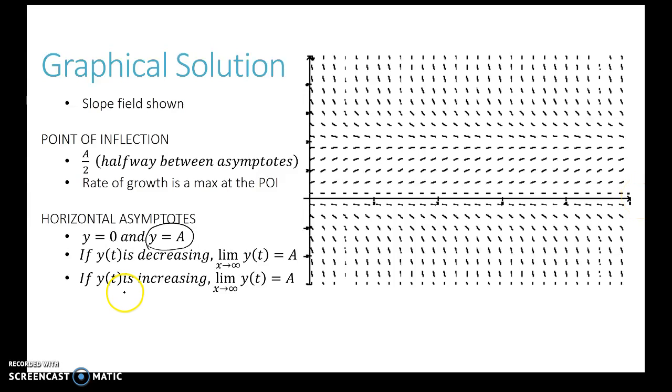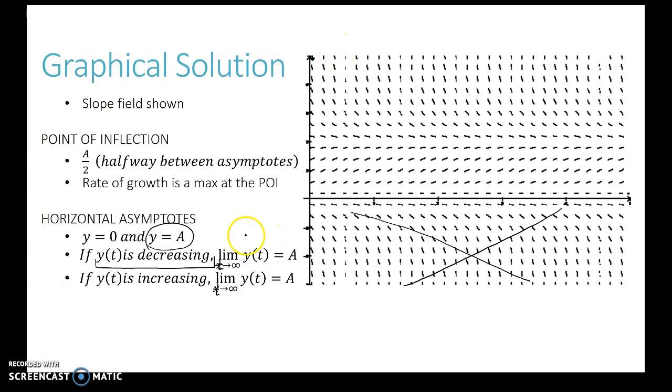Now, it doesn't make sense for our population to be negative, so we will pretty much disregard the slope field in the fourth quadrant. This should be a t, not an x. As time approaches infinity, eventually we're going to reach our carrying capacity, this value A.